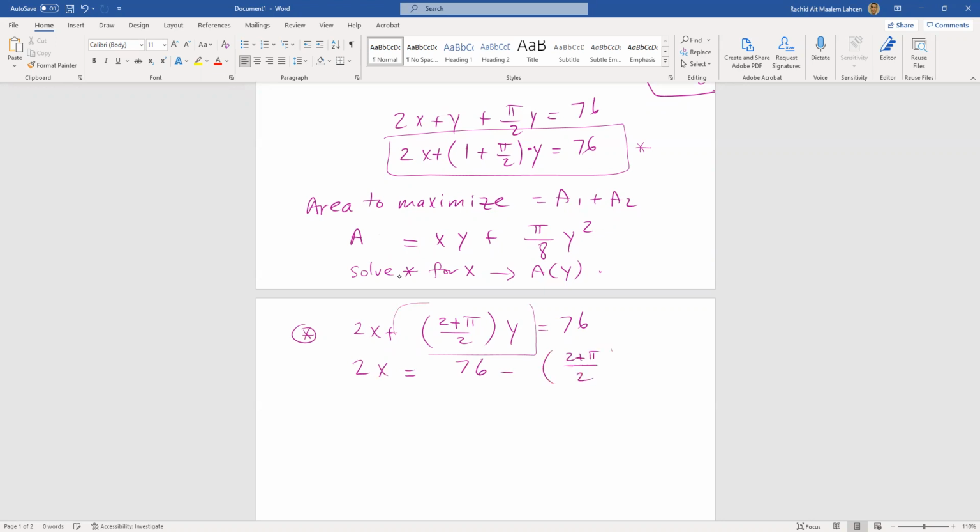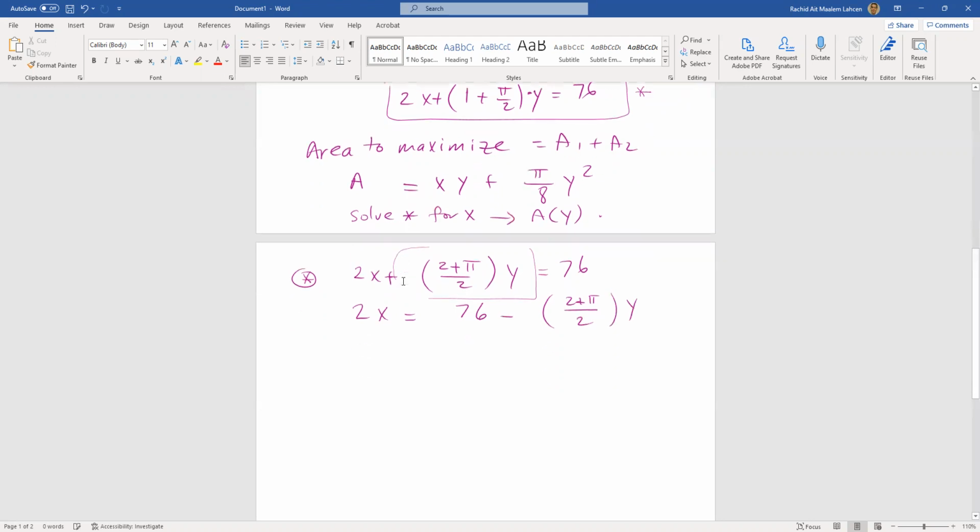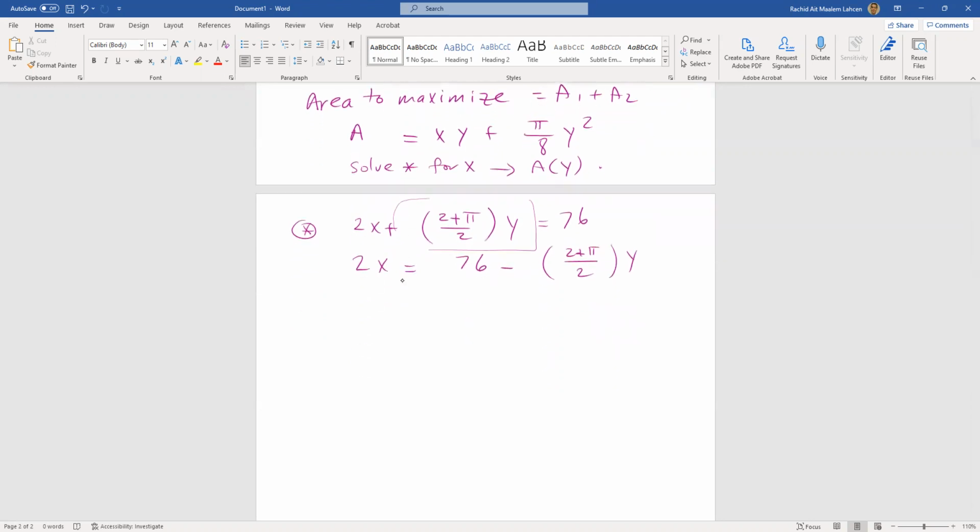Just think about it as a number for now. So we divide by 2, divide by 2, divide by 2. So x is 35 and 8. If you have a fraction, you divide it by 2. This is 2 over 1. So it's 2 plus pi over 2 times 1 over 2.